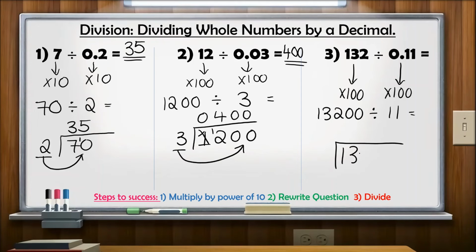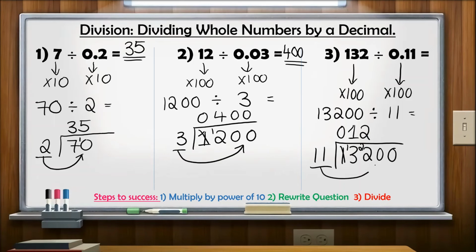I'm going to go on to my final step, which is to use my bus stop. I have 13,200 as my dividend and 11 as my divisor. So how many 11s are there in 1, which is 0? So I cross that out and carry the 1 over. How many 11s are there in 13? And it's 1 with a remainder of 2. How many 11s are there in 22? And the answer is 2.